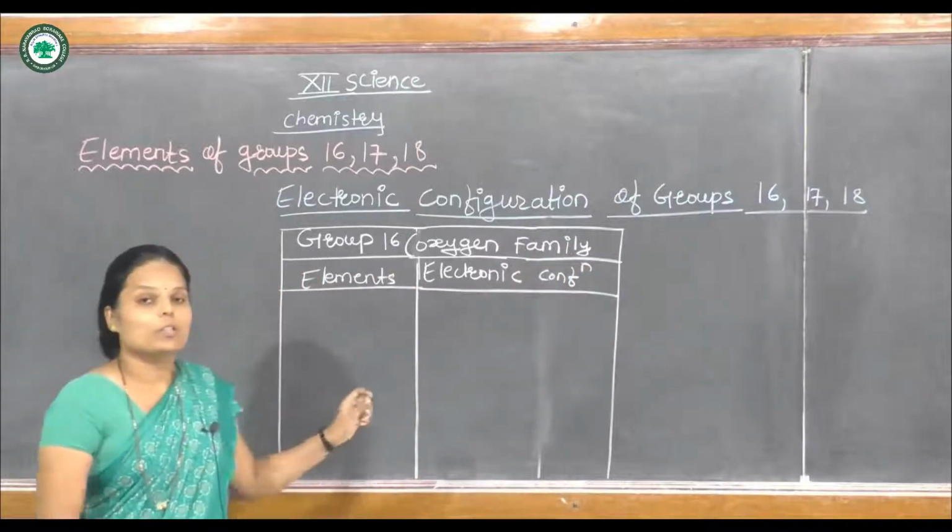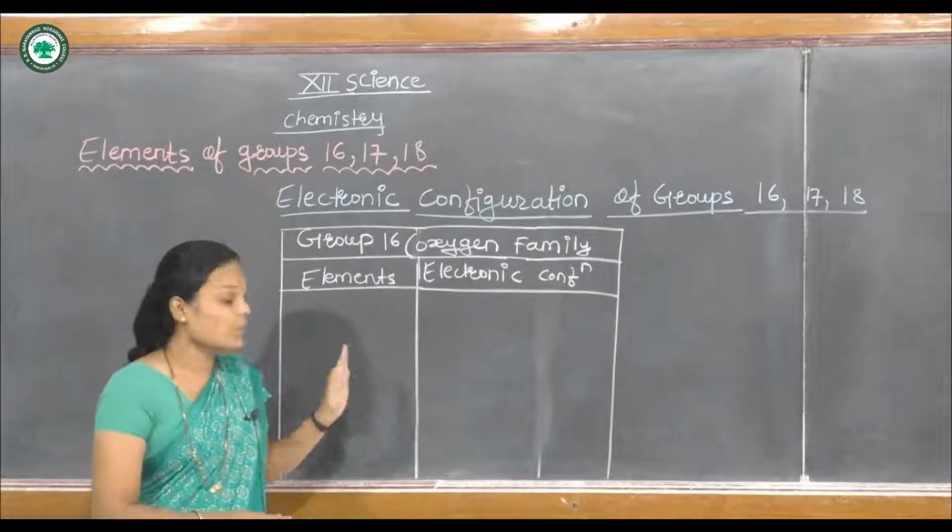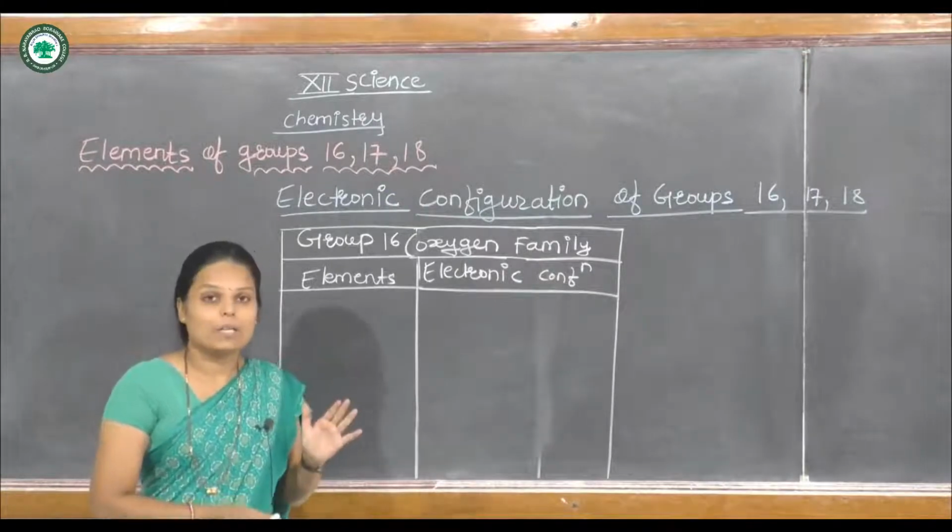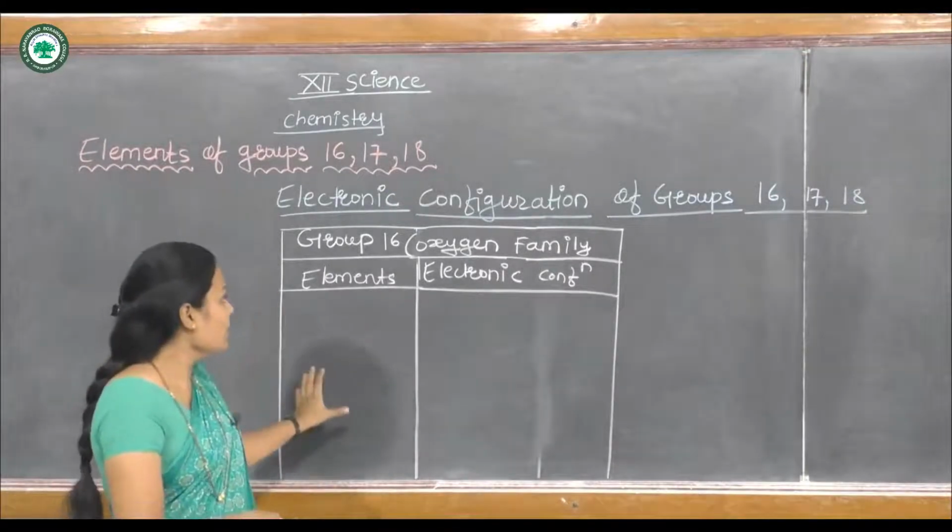Now we know that in group 16, six elements are present.